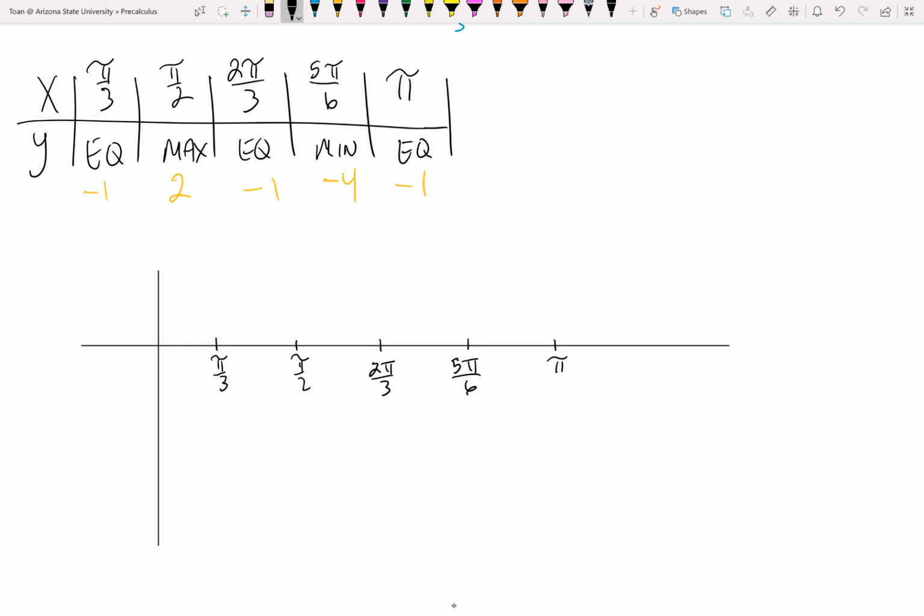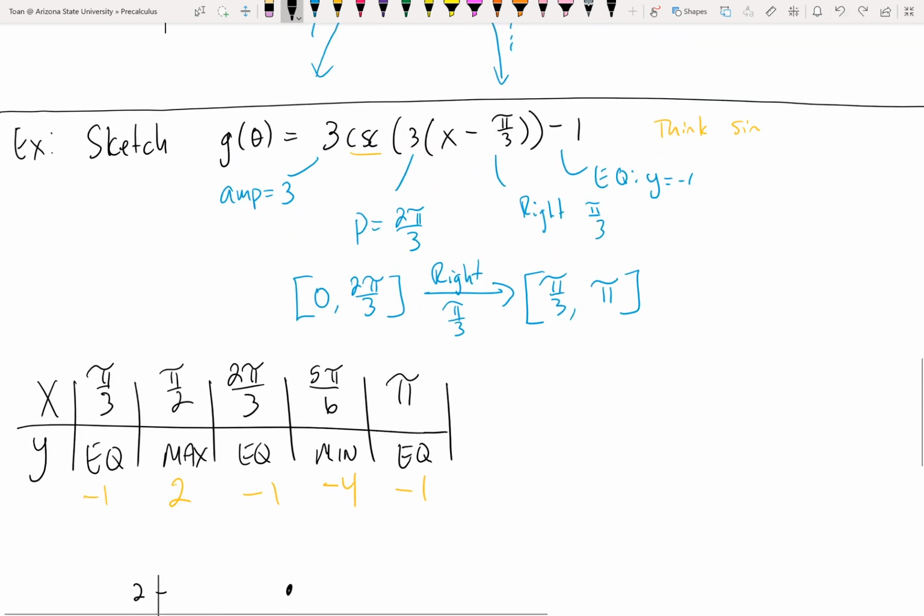And then I have 2 is a special number, negative 1 is a special number, and negative 4 is a special number. My equilibrium is at negative 1. And the pattern goes equilibrium, max, equilibrium, min, equilibrium. And again, we do not connect the dots because that would be graphing sine. I'm not graphing sine, I'm graphing cosecant.